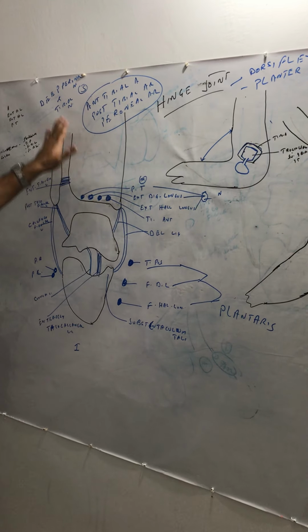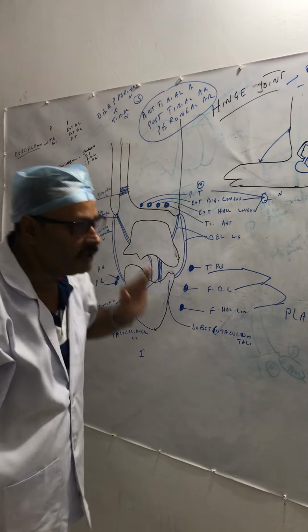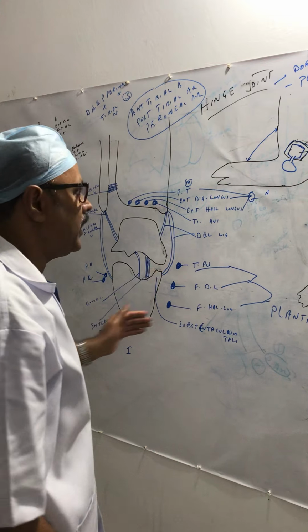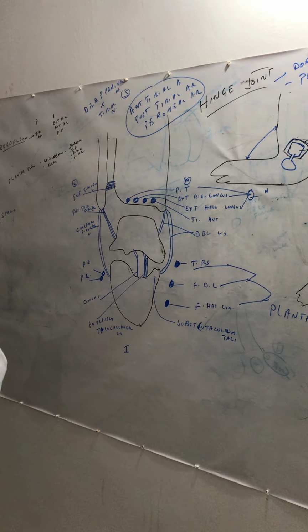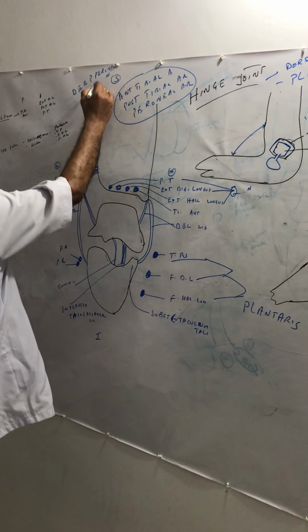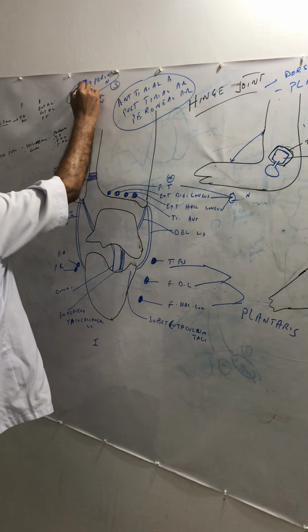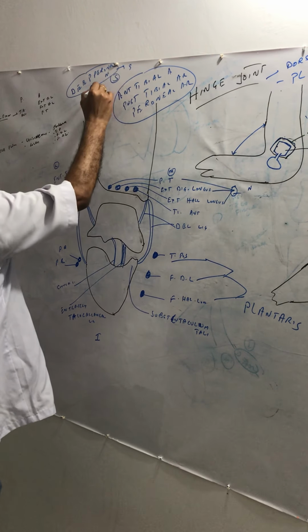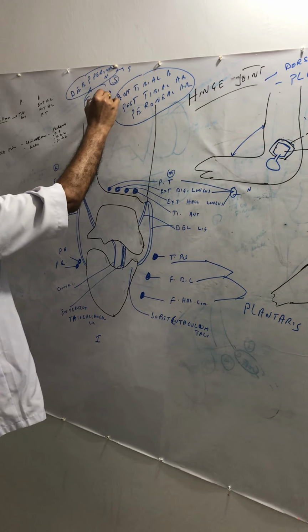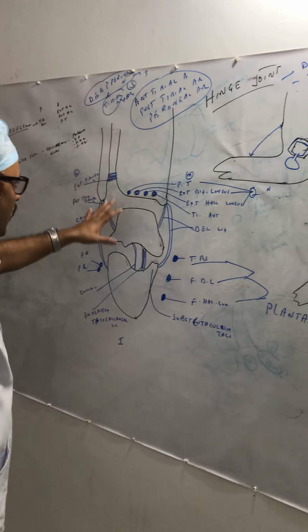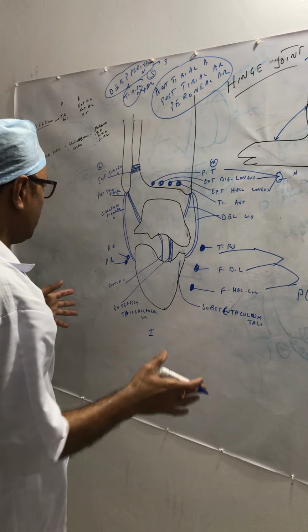Regarding the nerve supply, it is the deep peroneal nerve and the tibial nerve, which supply the motor and sensory parts. The deep peroneal nerve does the sensory job, and the tibial nerve does the motor one.